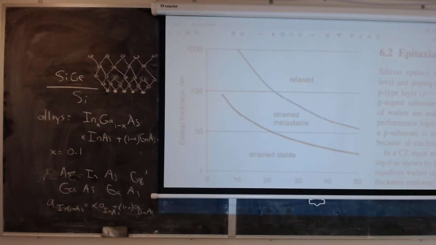So you can make it 30 nanometers thick before you have to start worrying about it. And if you exceed 1,000 nanometers, then for sure it's relaxed like I've shown. And so obviously, the more germanium you add, the higher the lattice constant will be, and so the lower the thickness you can do.